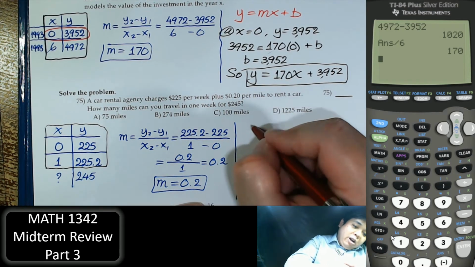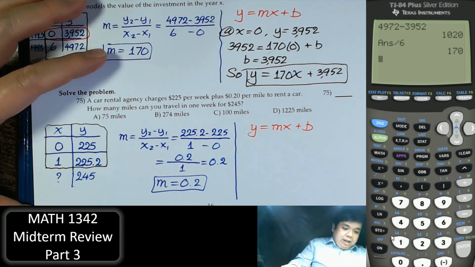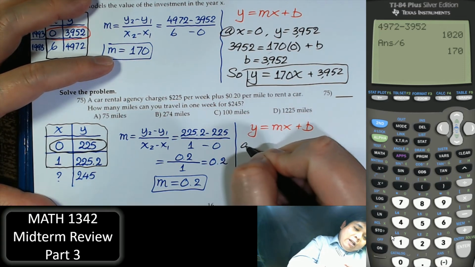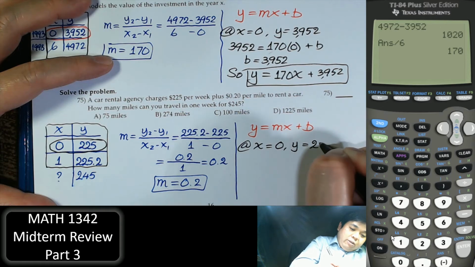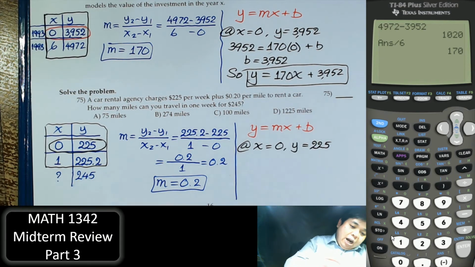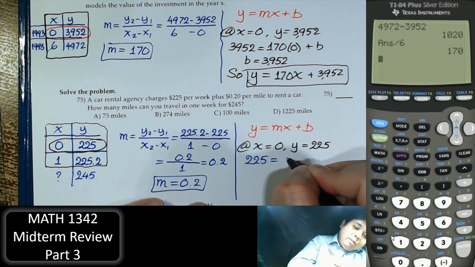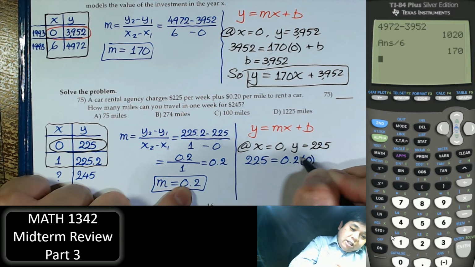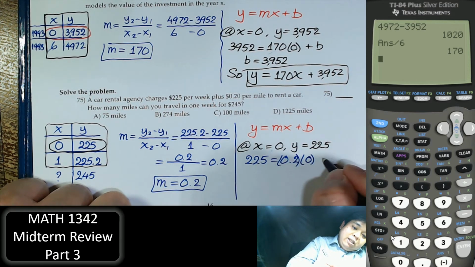And next, the equation of the line is y equal to mx plus b. And I will use this point, when x equal to 0, y equal to 225. Substitute in that, we have y of 225 equal to m, 0.2, times x of 0. Just put 0.2 in for m and 0 in for x.